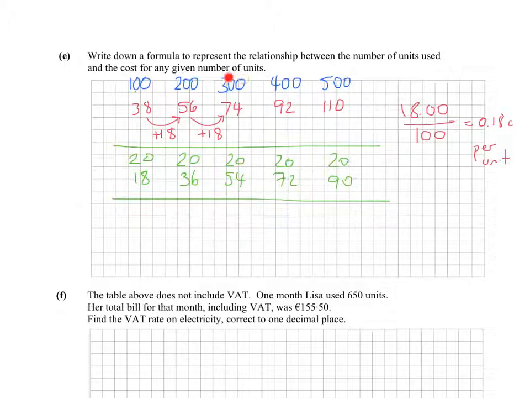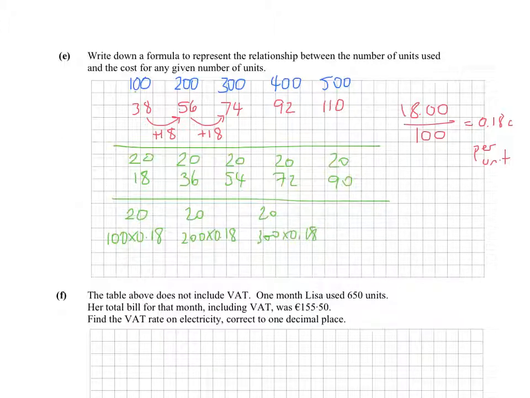And the 54 is 300 lots of 0.18. So what we've actually got as a sequence is we've got 20, and we've also got 100 lots of 0.18. We've got 20 and 200 lots of 0.18. And so on and so on. I'm going to run out of space a little bit here. 20 and 300 lots of 0.18.